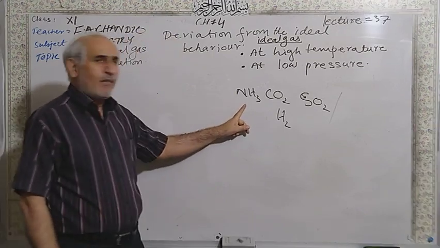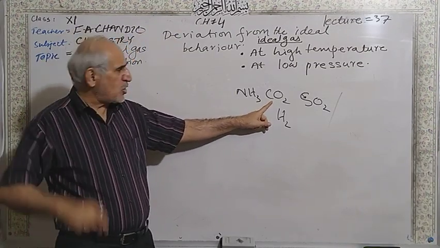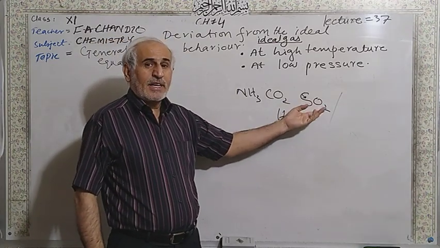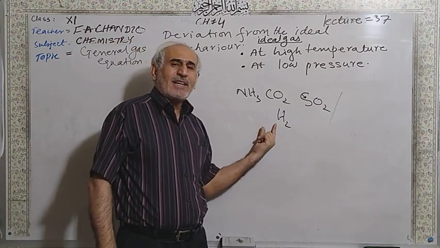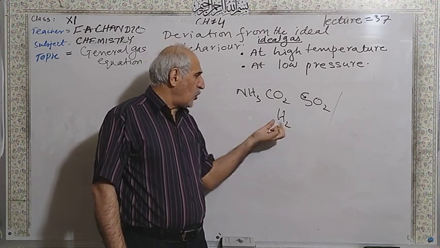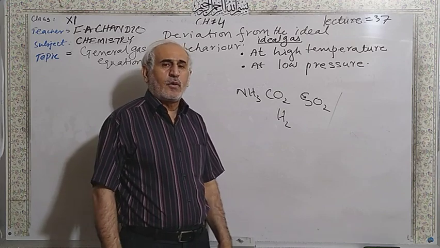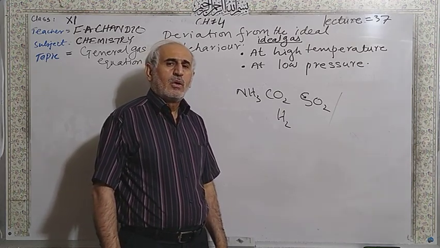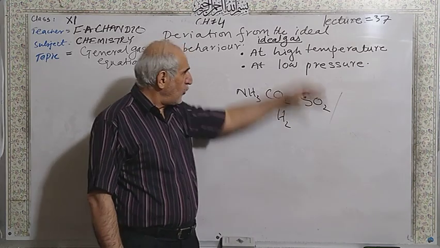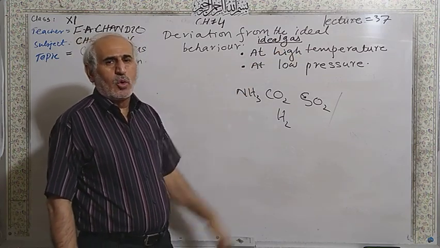Ammonia, molar mass 17, is polar. Carbon dioxide gas is non-polar, but its bond is polar. Sulfur dioxide, a heavier gas, is polar. Hydrogen is the lightest and non-polar. So among all the four gases, hydrogen is more ideal than these three gases. And if you use these conditions, the ideality of hydrogen gas will be more and more.